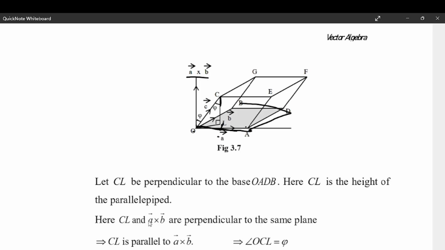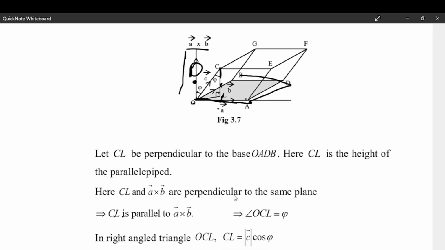Then CL and A cross B are also perpendicular to the same plane. Therefore, we can see that CL is parallel to A cross B. So this line here and this line here are parallel to each other.